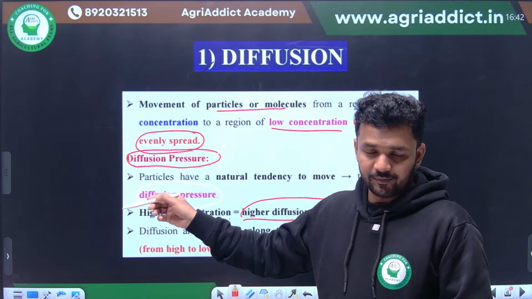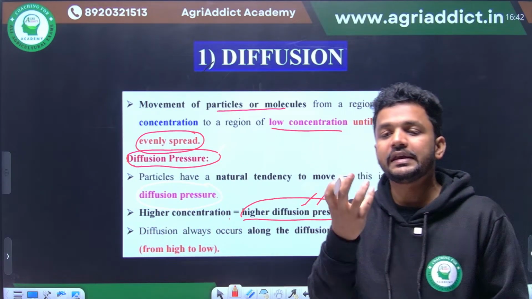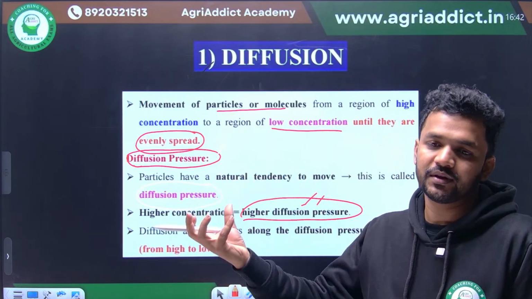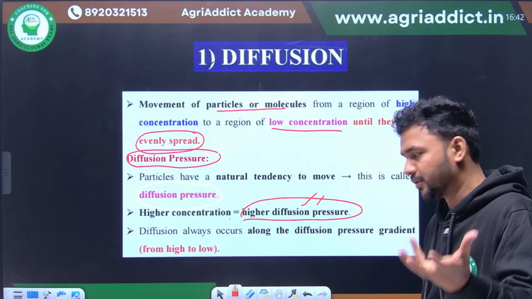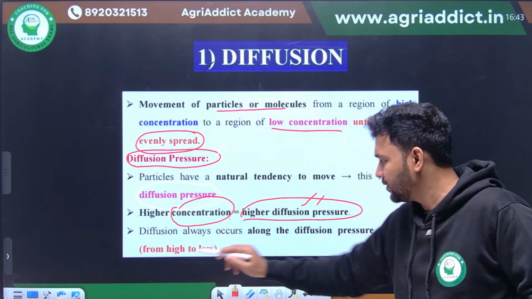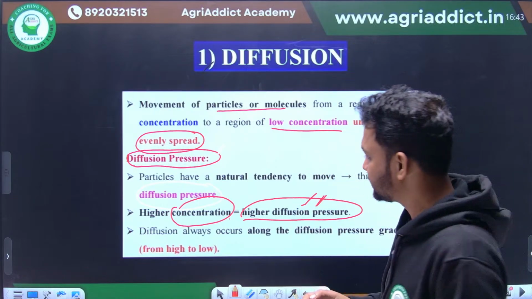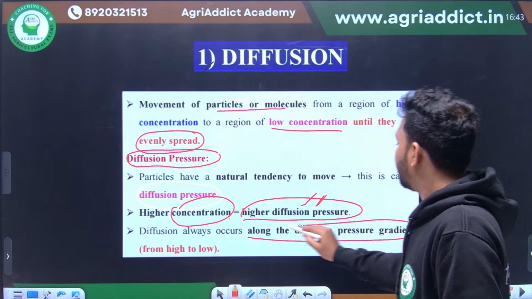As I explained, why higher diffusion pressure? Because more molecules will have more mass, and more mass means more force, then more pressure. That's why higher concentration means a greater number of molecules, and they will exert greater pressure along the diffusion pressure gradient.